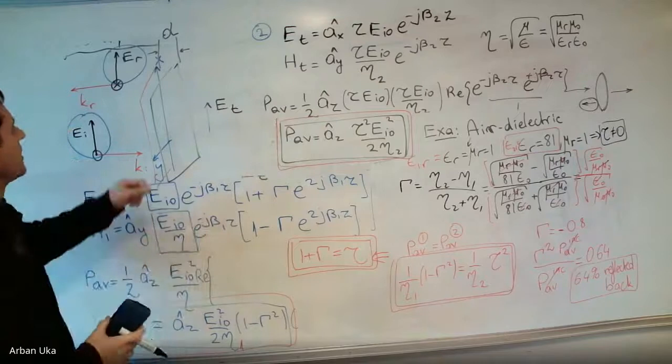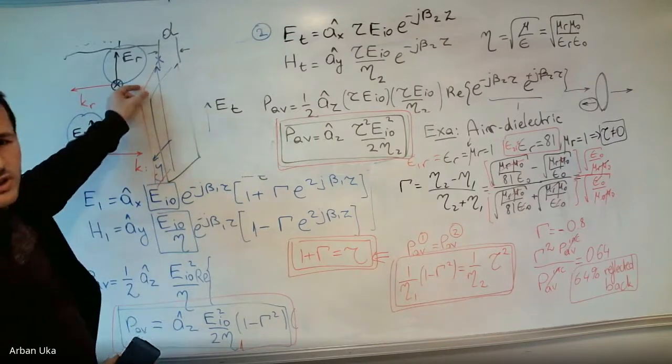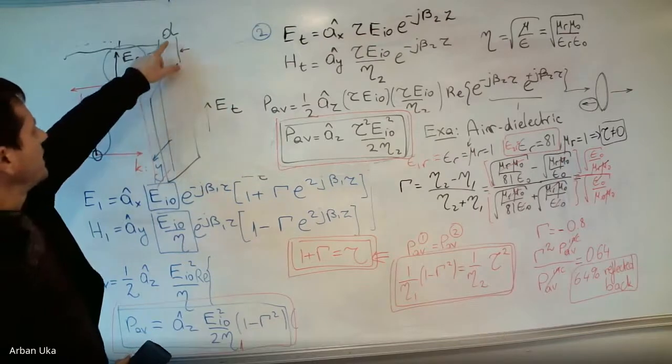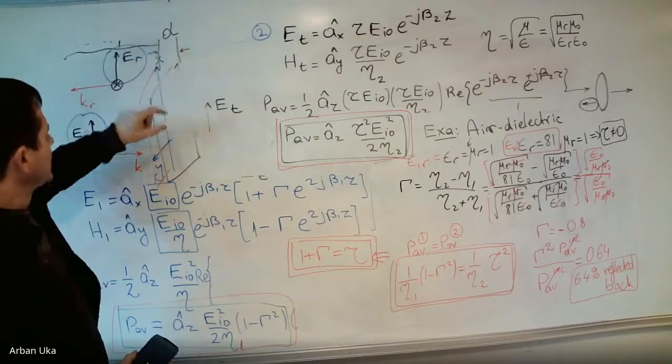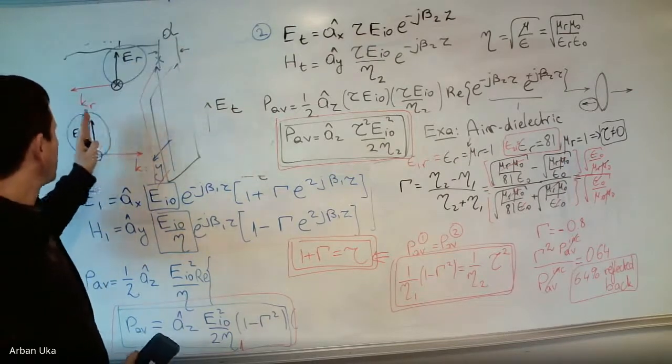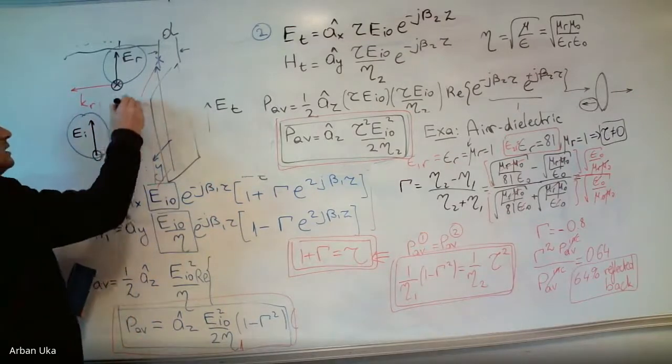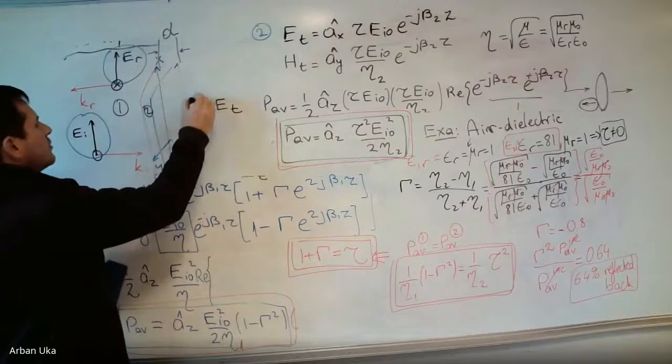We can adjust the index of refraction and the relative permittivity of this material, together with the thickness D, such that we have maximum transmission from medium 1 to medium 3. So we have medium 1, this is medium 2, and this is medium 3.